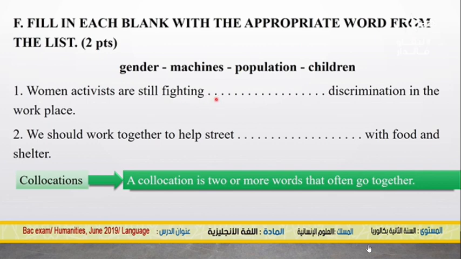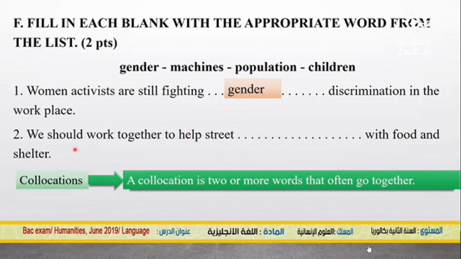Not fighting, I'm sorry. Which one of these collocates with discrimination? Okay, so you should know it by now. Women activists are still fighting gender discrimination in the workplace.